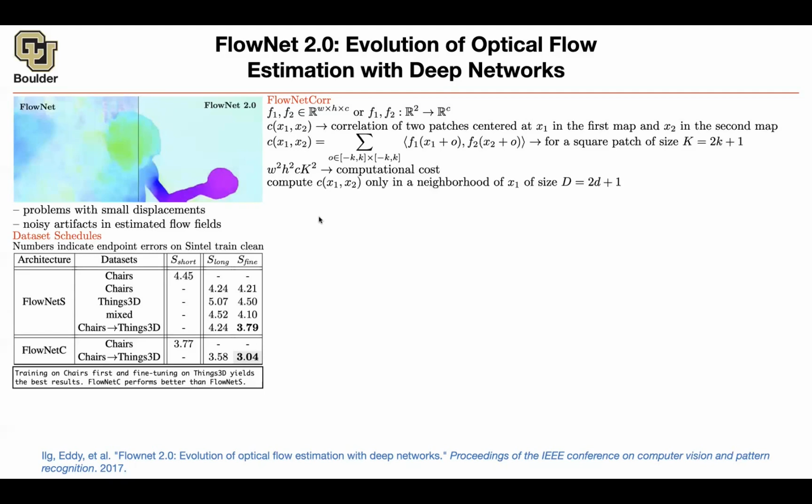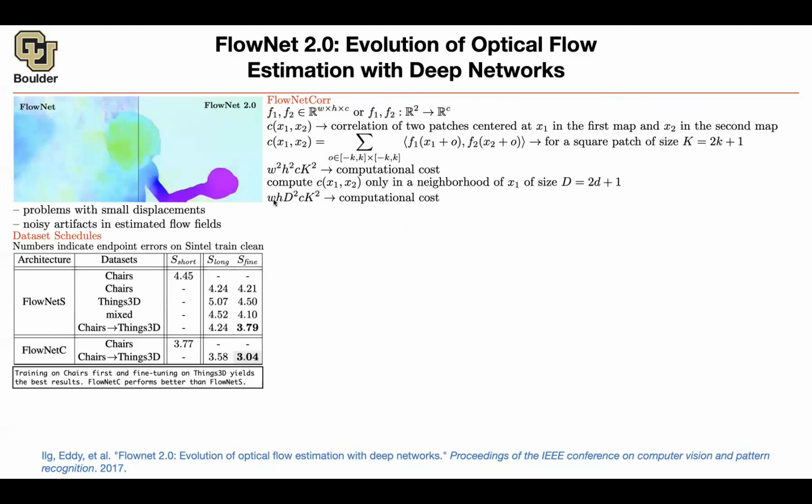How can you reduce it? Rather than paying attention to every single pixel from the other feature map, your x2 could be in the neighborhood of x1. So just look locally, and D is your neighborhood. Now it's a hyperparameter that you can control. It means that you have your computational cost under your control, to some extent.